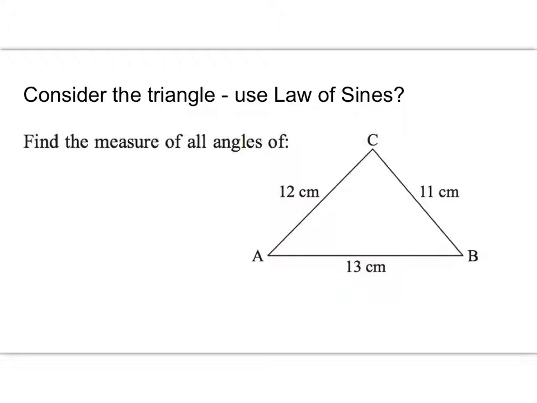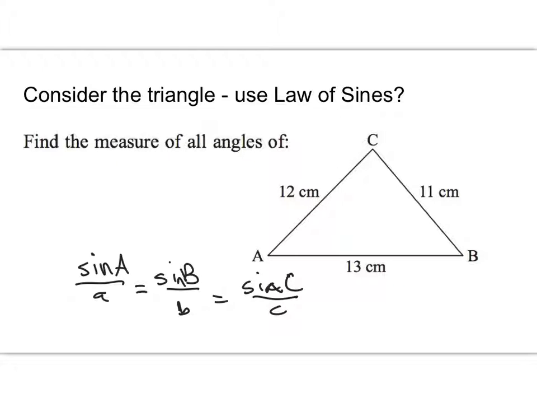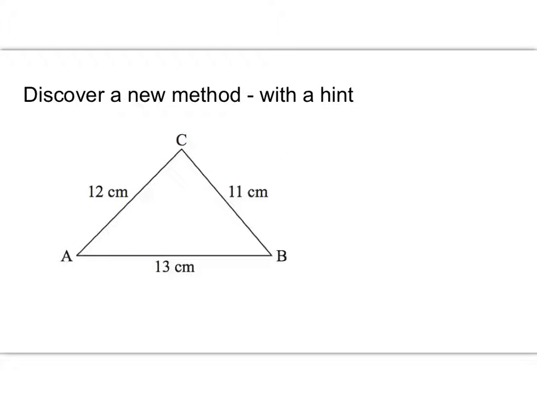And if you remember the law of sines, sine of A over a equals the sine of B over b, which equals the sine of C over c. I don't have any of these ratios, so I can't use the law of sines. That's where we're going to learn about the law of cosines.